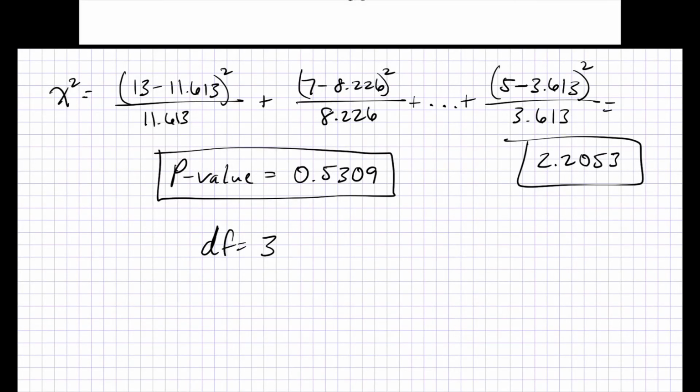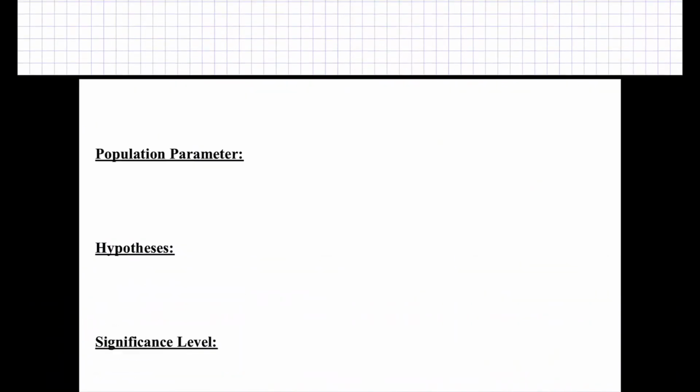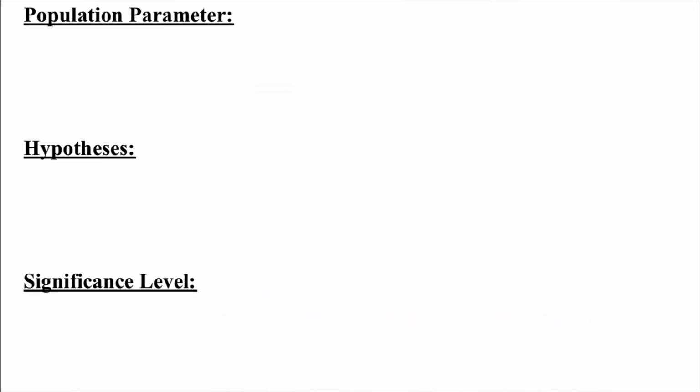Okay. So let's go back into the other parts now. We know what our p-value is. We know what our chi-square is going to be. We know degrees of freedom. Okay, so let's go back to start with population parameter. Okay. So how many populations do we have?